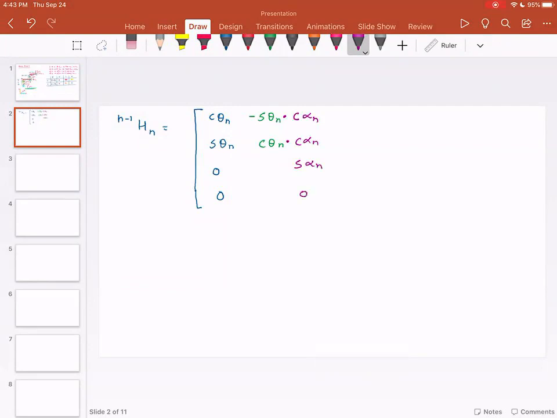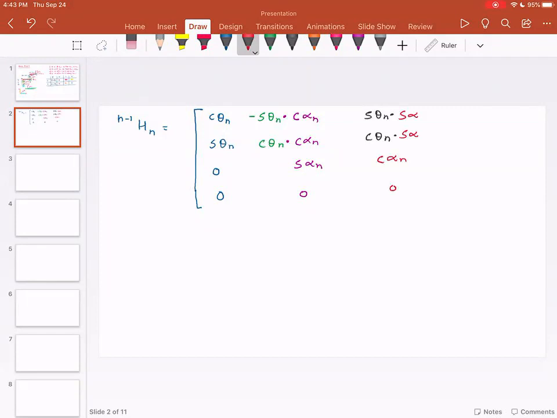And now you have 0. Then you repeat the exact same thing: sine theta n, cosine theta n. However, instead of multiplying by cosine, now you will multiply by sine. So you will have sine alpha n, and you will have cosine alpha n. And the last term is going to be 0.